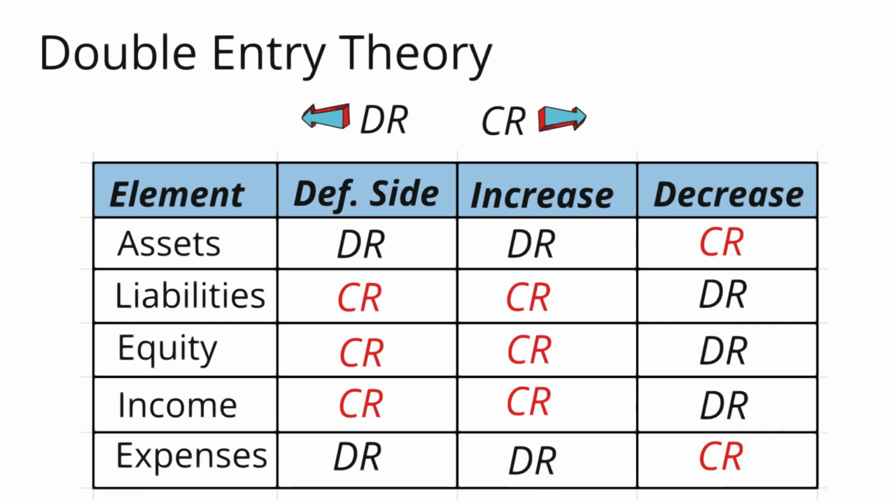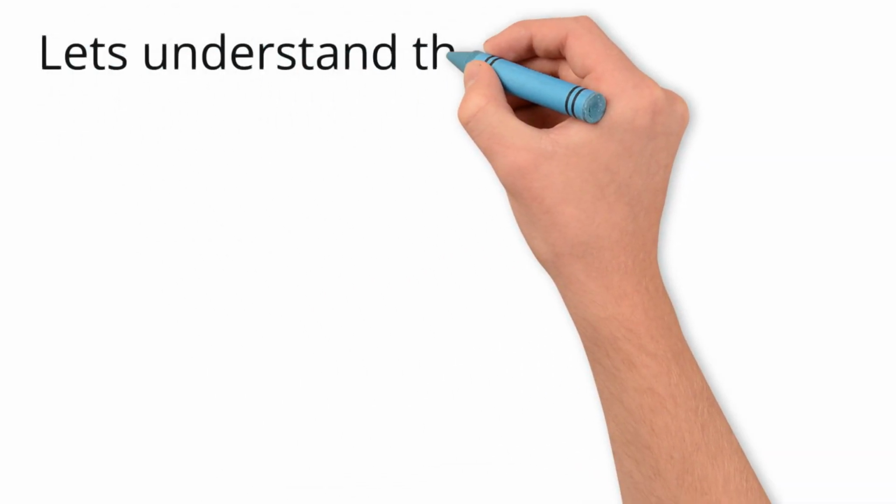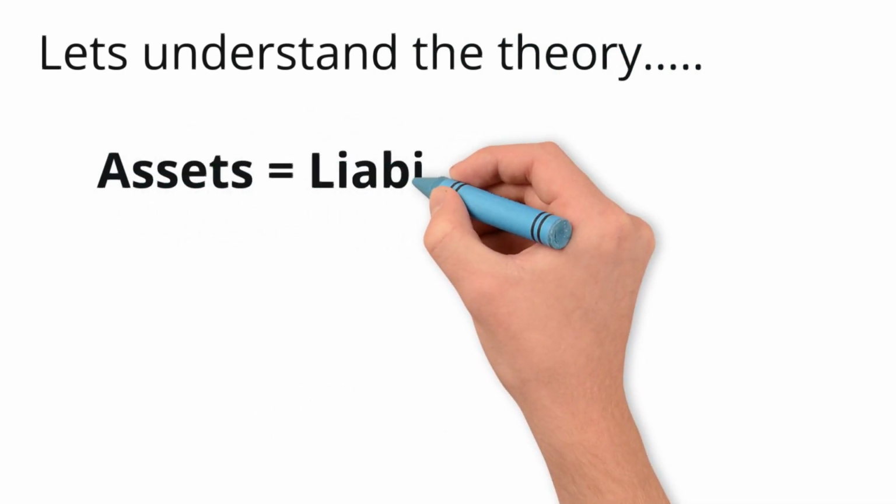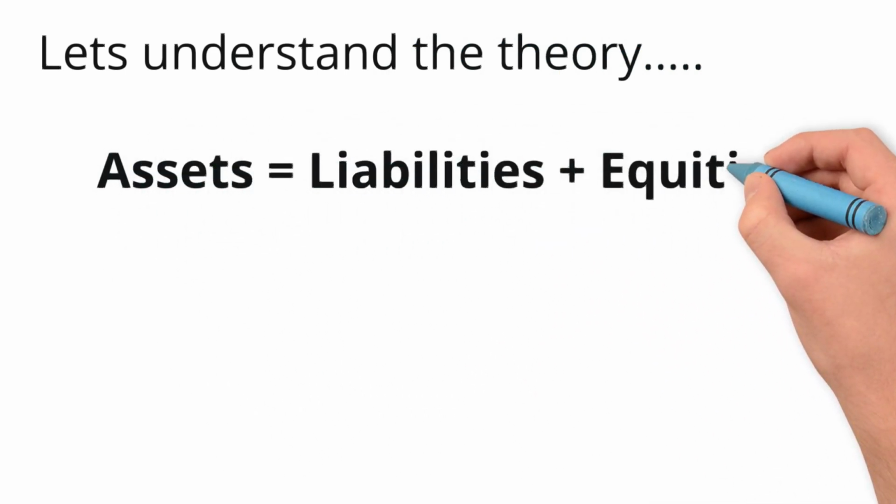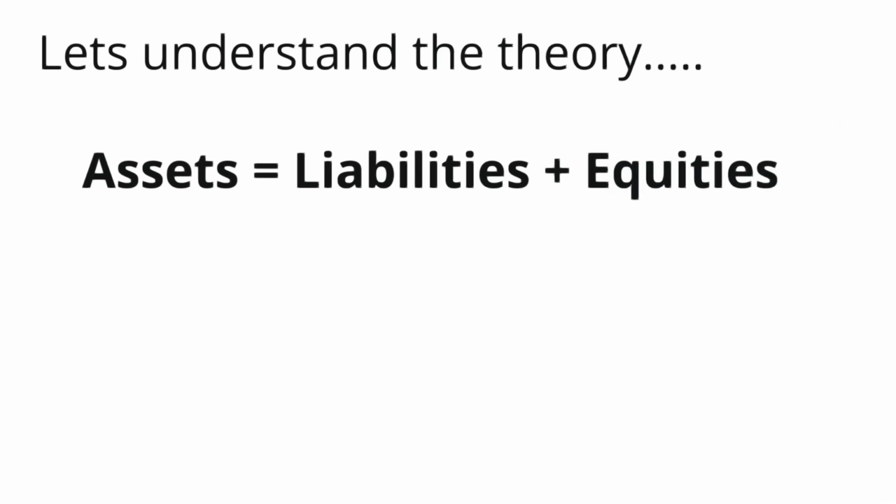That's it. Now, if you just memorize this theory, you'll be able to work out the double entries for any kind of transaction. However, as I mentioned before, it's not about memorizing, it's about understanding this theory. So let's see what's the logic or rationale behind this theory. Normally, this is explained using the accounting equation, which states that asset equals liabilities plus equity. This is correct, but let's take a little simpler approach to understand this.